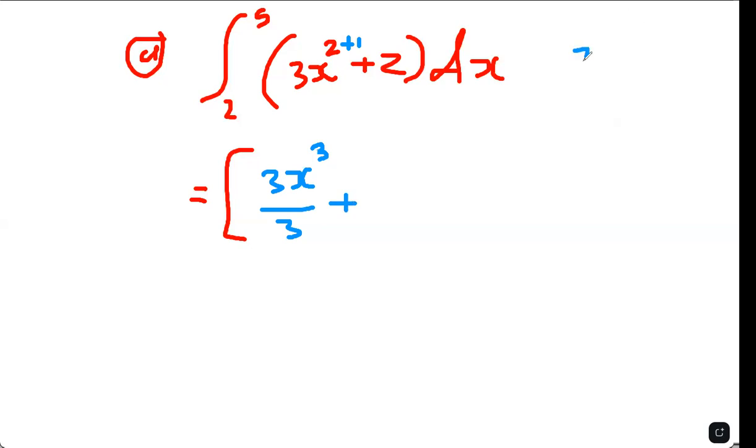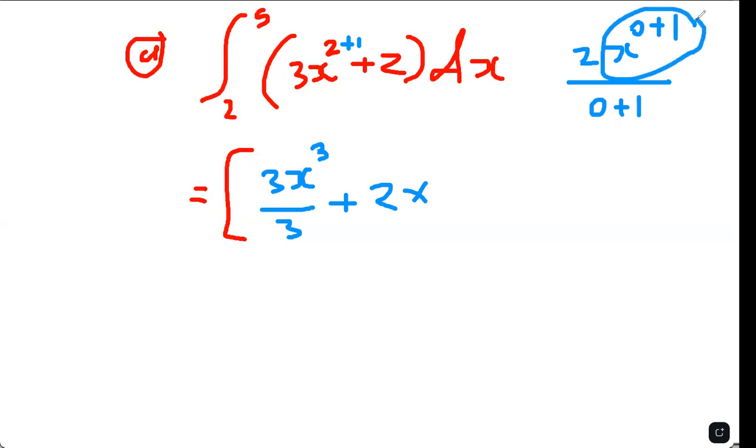plus this 2 is written as 2x power 0. So we are saying plus 2x, because when we add the 1 to 0, it is still giving us 1 either way. When 1 is a denominator or a power, you don't need to write it. We are not saying plus c. We'll just keep our limits, the upper limit and the lower limit.